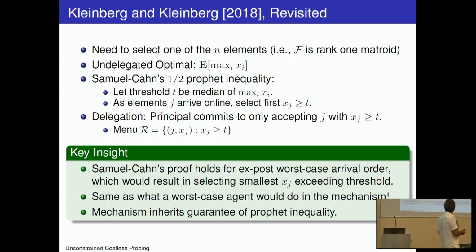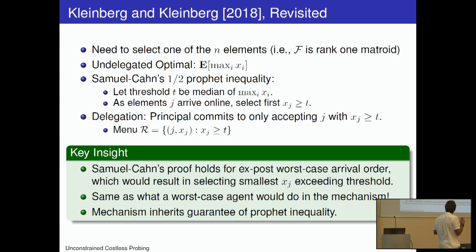That would result in you selecting the smallest random variable that exceeds the threshold. It turns out that even if that happens, the ratio of half still holds. For those of you who've seen the proof, if you go back to it, you'd realize that it holds under this very strong adversary, even though it's not clear if you haven't thought of it this way before.